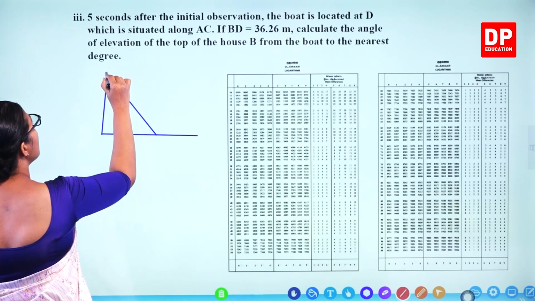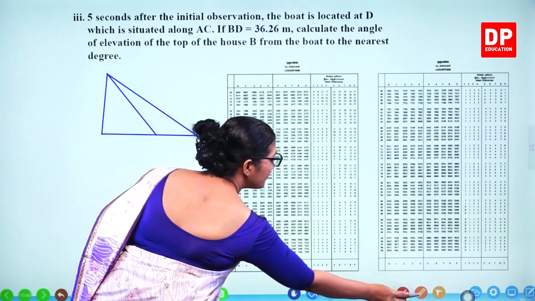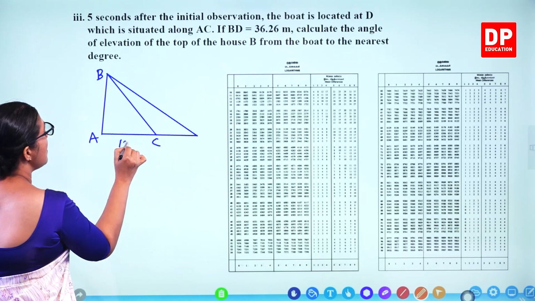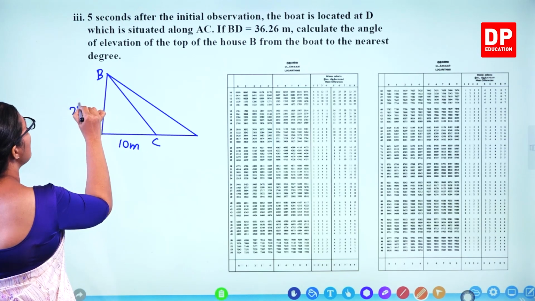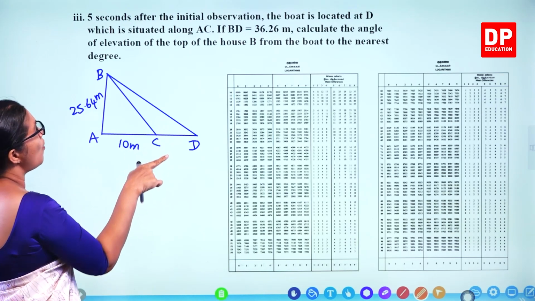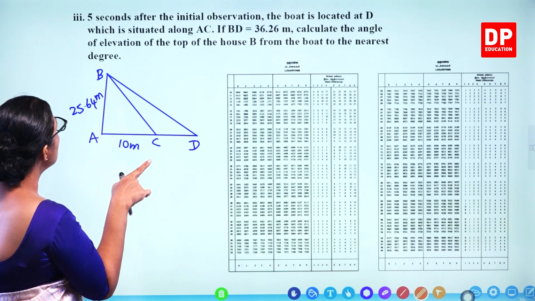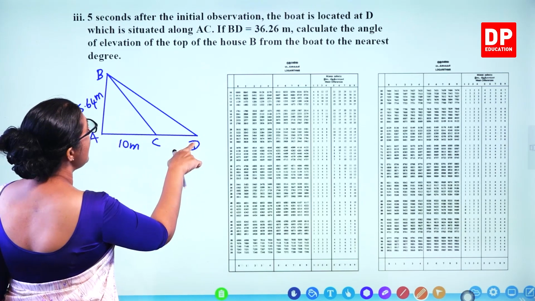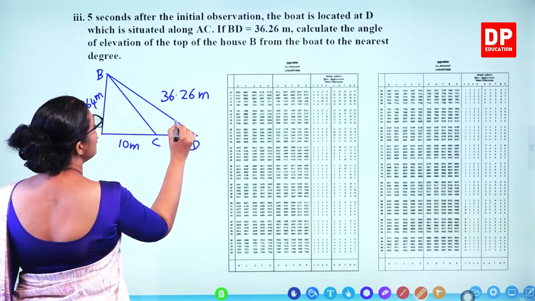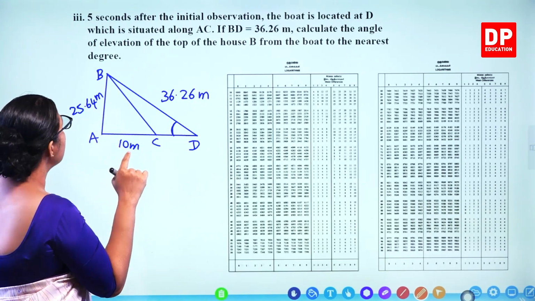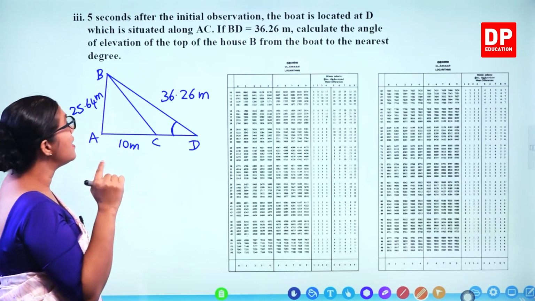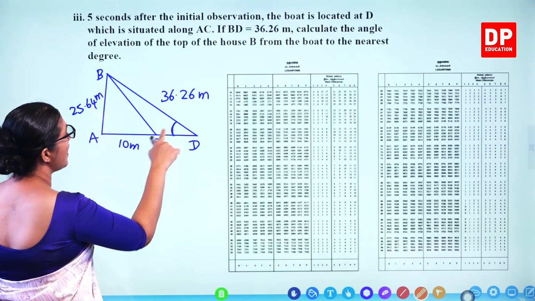BAC, that's 10 meters, and we found this is 25.64 meters, and D is the point located along AC, and BD is 36.26 meters given, and you need to find the angle of elevation of the top B from the boat to the nearest degree.